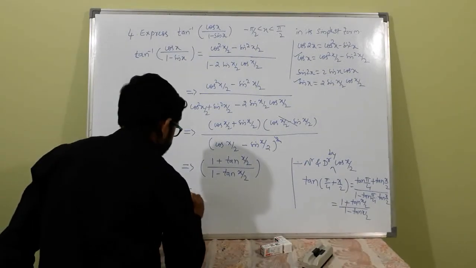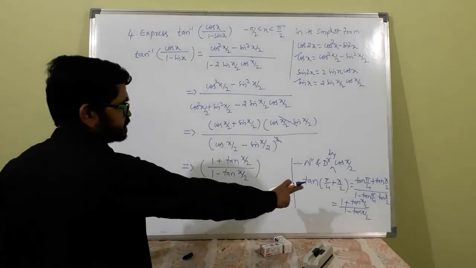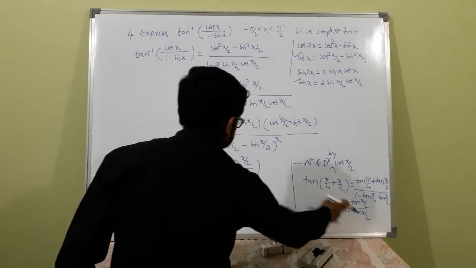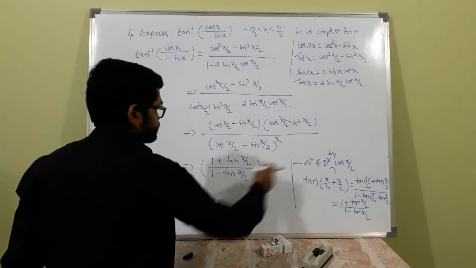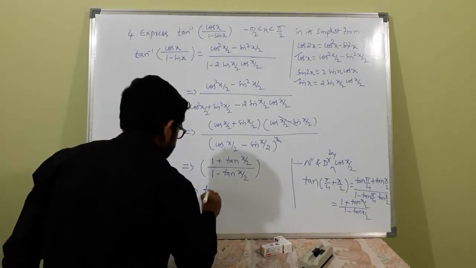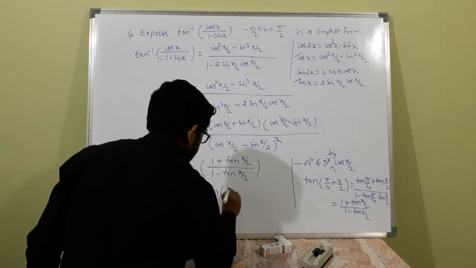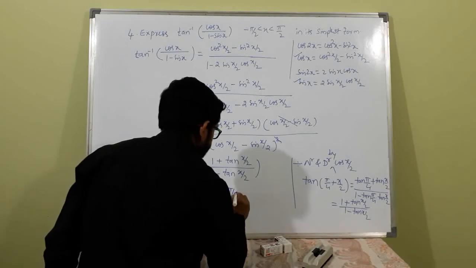So this implies, isn't it? So this is the RHS here, that means tan of 5 by 4 plus x by 2.